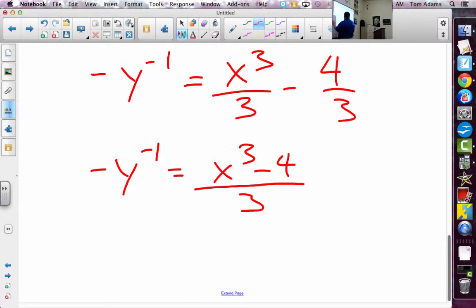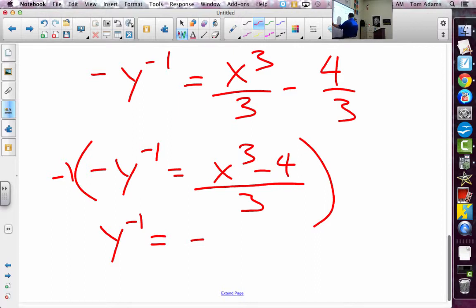I want to make this y. So the first thing I could do is I'm going to multiply everything by a negative 1, and that gives me y to the negative 1 is equal to negative x cubed plus, well, we could do it like this.